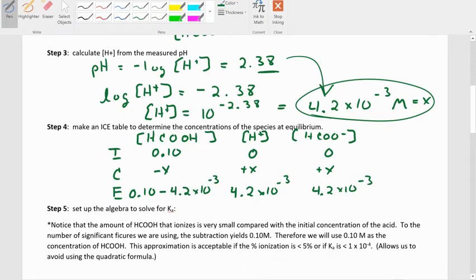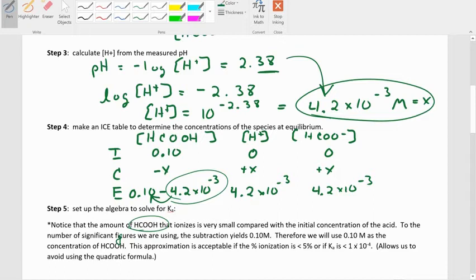Now, if we take a look at that, that actually is not going to change that number at all. Since the small amount of formic acid ionizes compared to the initial concentration, and given the number of significant figures we're using, the subtraction yields the same concentration.